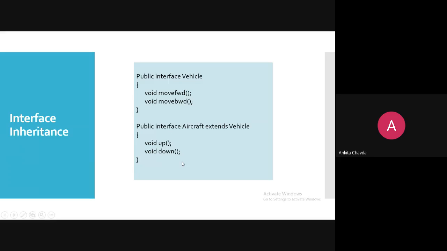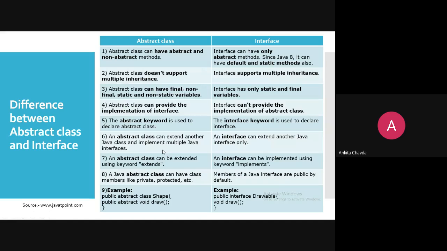You cannot see it here, but the aircraft interface actually has four methods: move forward, move backward, void up and void down. So if any class, say class A, implements aircraft, it needs to give definitions of all four methods.